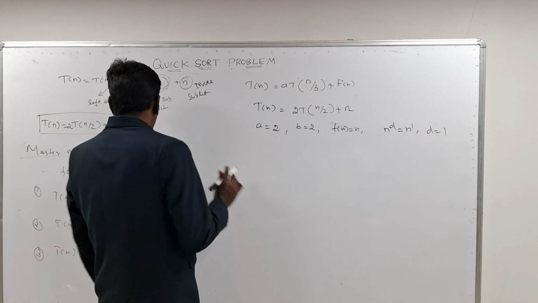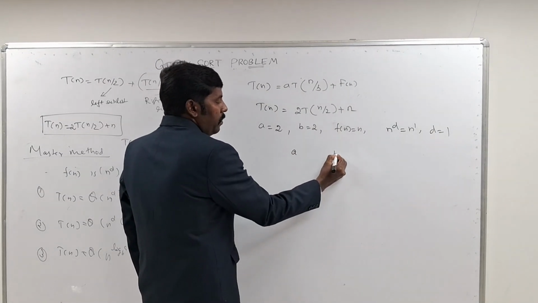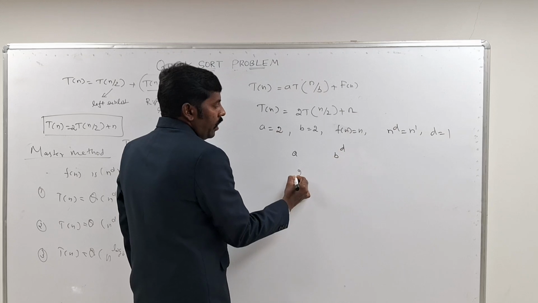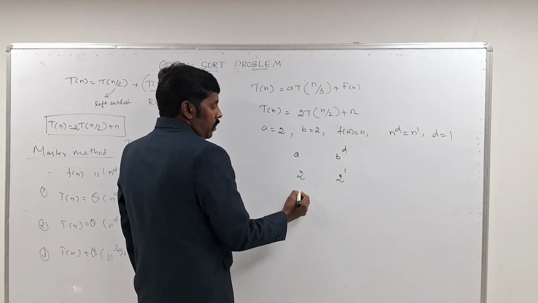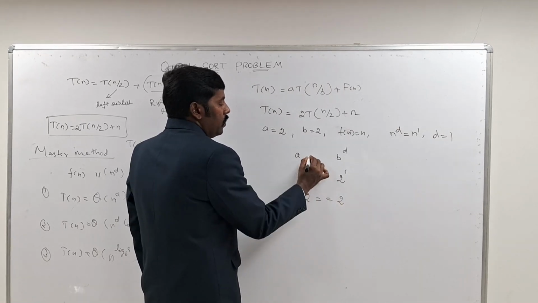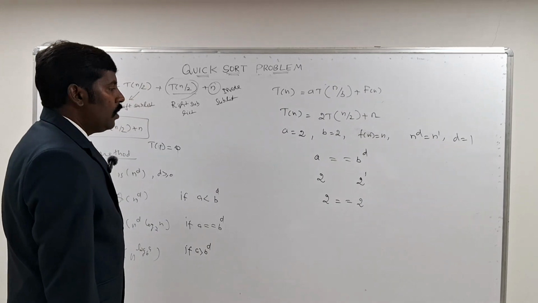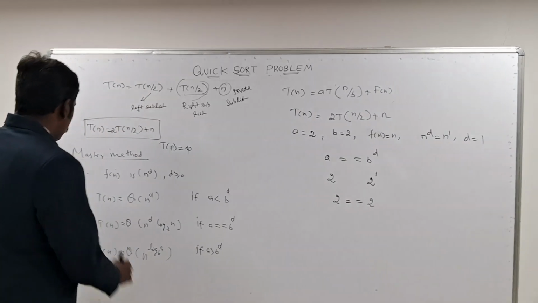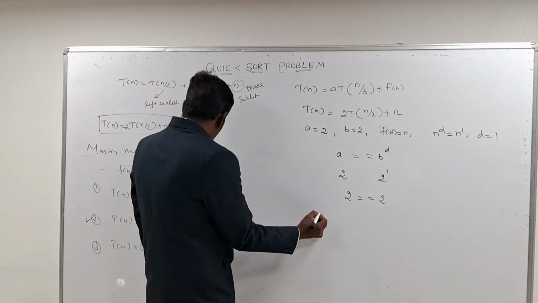Write the values: a is 2, b is 2, d is 1. So a = b^d, 2 = 2. Yes, this equation satisfies a = b^d, so it satisfies case number 2.